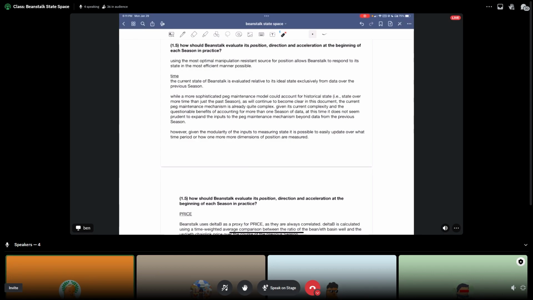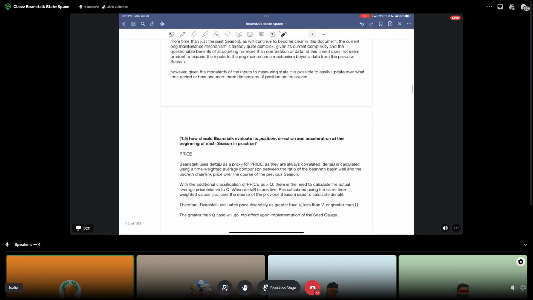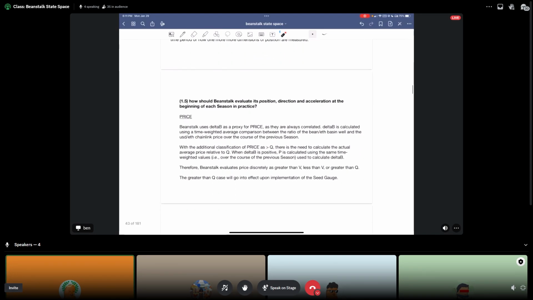But of course, a more sophisticated peg maintenance model could factor in more time, but not immediately. That would be, at least in my opinion, significantly more complicated. So, how should Beanstalk measure price?